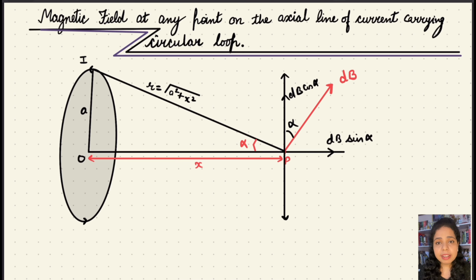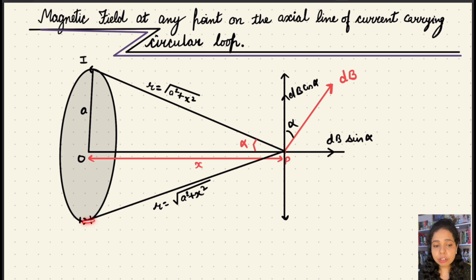Now this part of the diagram is completed, and now we will have to consider a diametrically opposite point, because the direction of current at the diametrically opposite point is changed, that is, it is reversed. Therefore, let us join the diametrically opposite current element I dl with the point of observation P. Again we will have this distance r, which will be calculated with the help of Pythagoras theorem, that is, root a square plus x square.